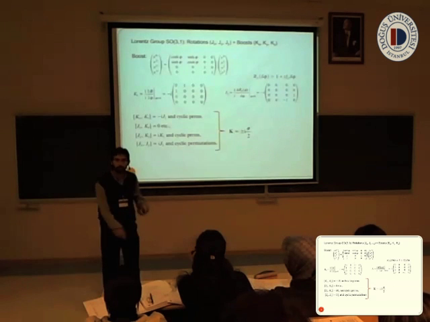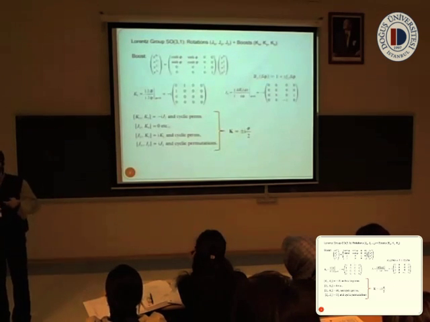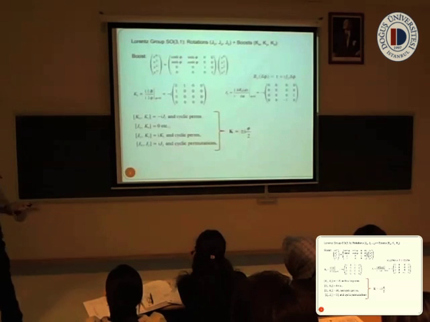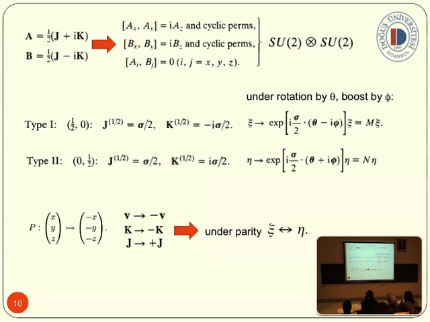What all this means becomes more clear if you look at the combinations J plus iK and J minus iK. So just define linear combinations. Call J plus iK A, and J minus iK B. This is just like defining raising and lowering operators, okay?